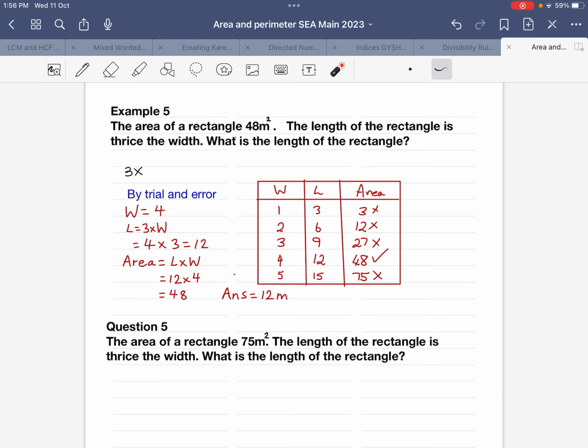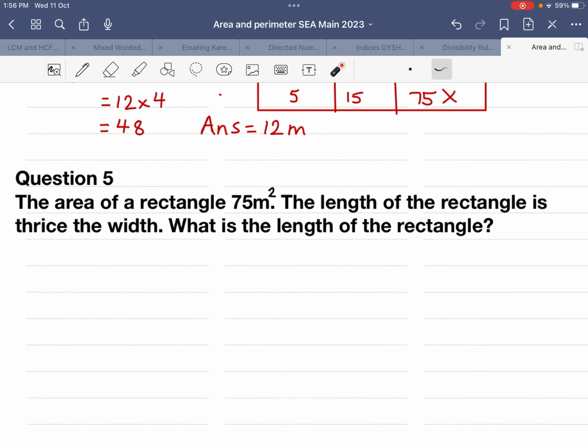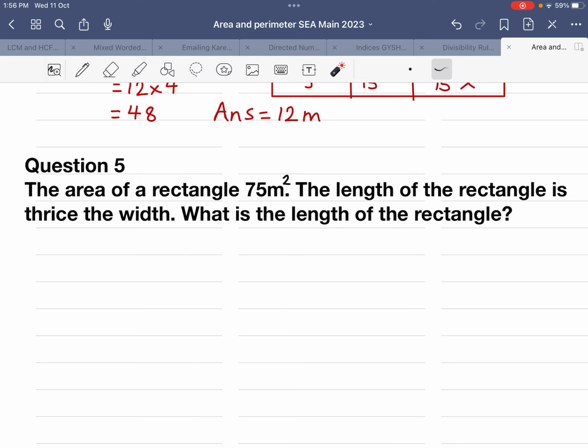Okay, so question 5 is similar. The area of a rectangle is 75 meters squared. The length of the rectangle is thrice or 3 times the width. What is the length of the rectangle? So we can try numbers that when we multiply it, we will get 75.